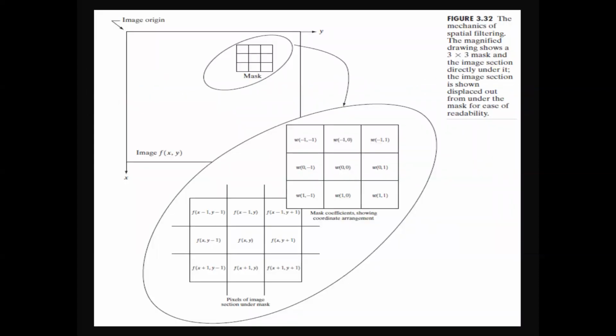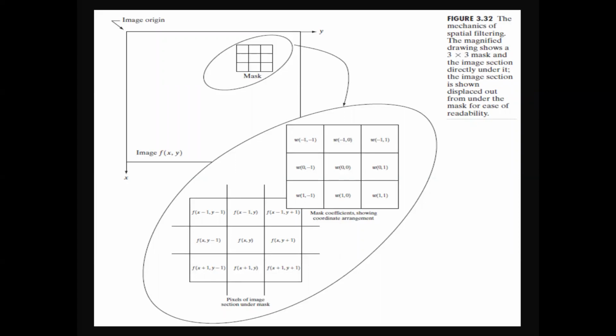Before going to this equation directly, you can see the mechanism of how we are performing the spatial filtering. This is the magnified drawing of a 3 by 3 mask. In this picture, there is a 3 by 3 mask, which is magnified, and we are showing two things in the magnified region.